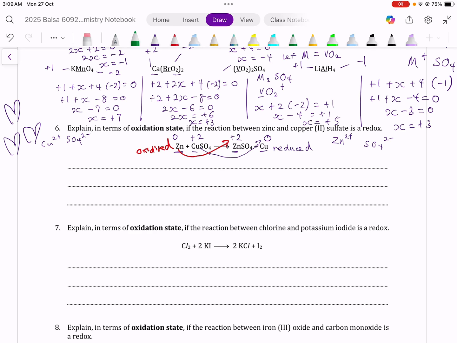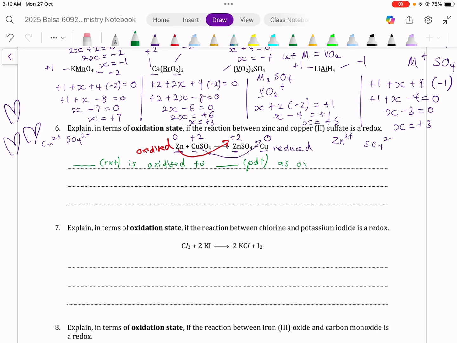So the first thing you have to do is write down which reactant is oxidized to which product. Put down the formulas. If the reactant happens to be a compound, that means more than one element, then you have to refer to which element, like the next example. So it's oxidized to which product?